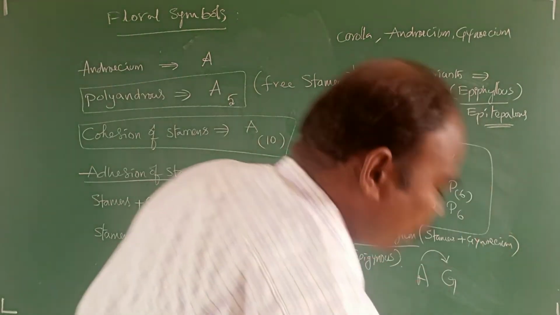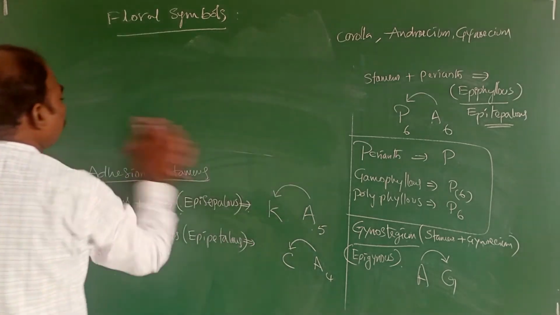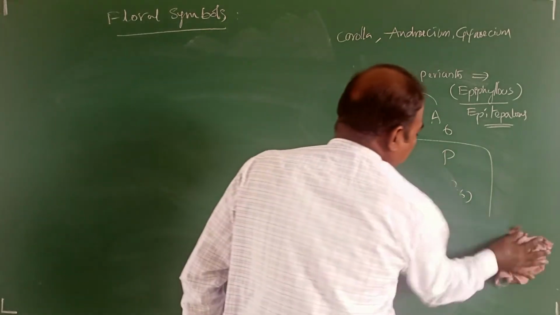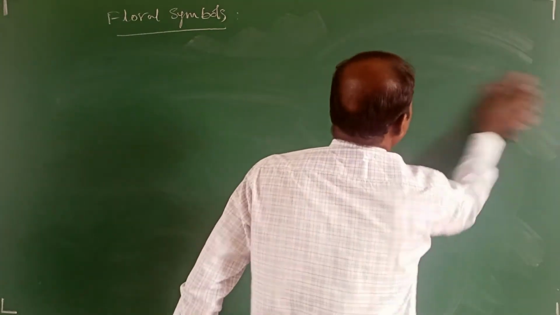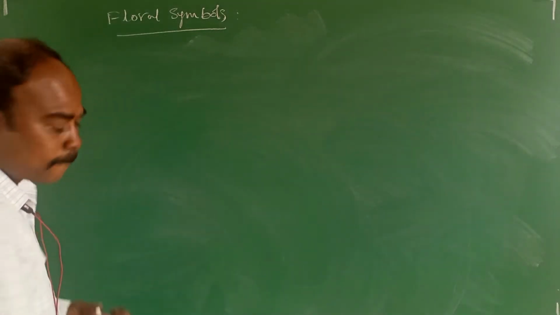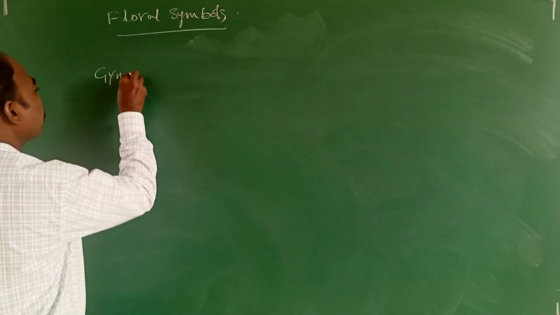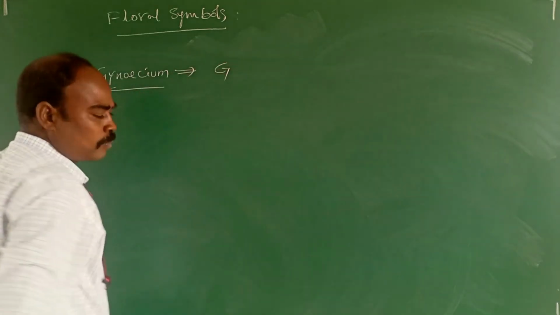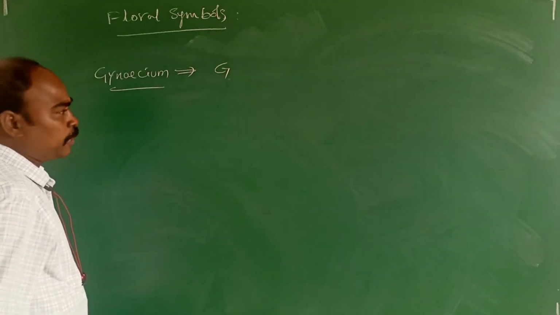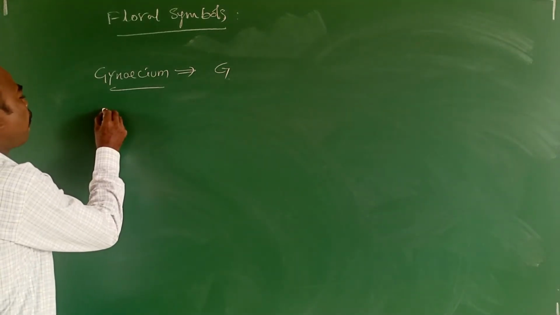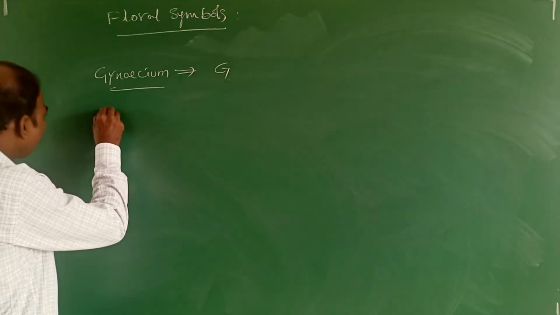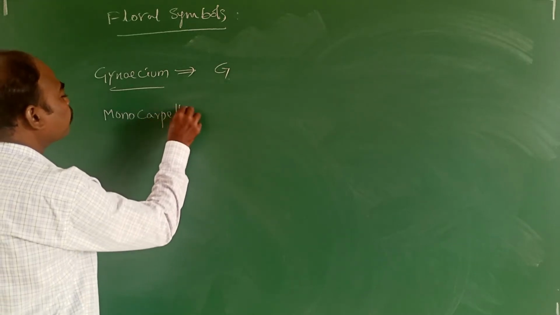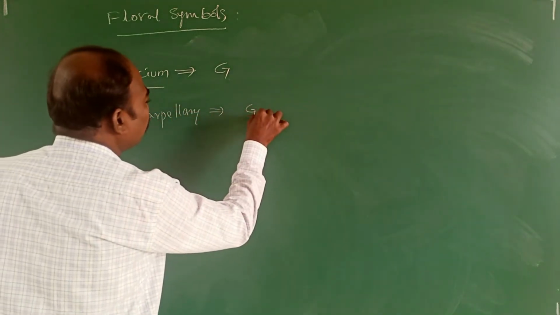Next, gynoecium. Gynoecium is explained with G. G for gynoecium. Monocarpellary is G1.